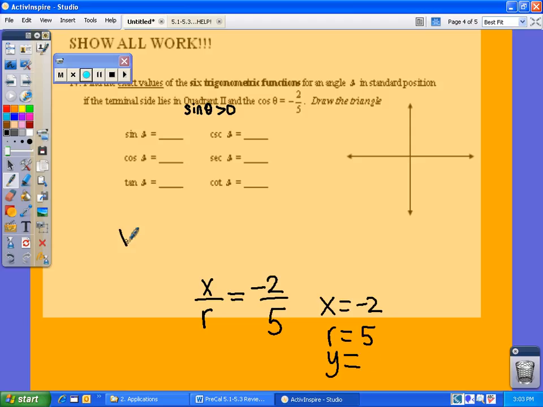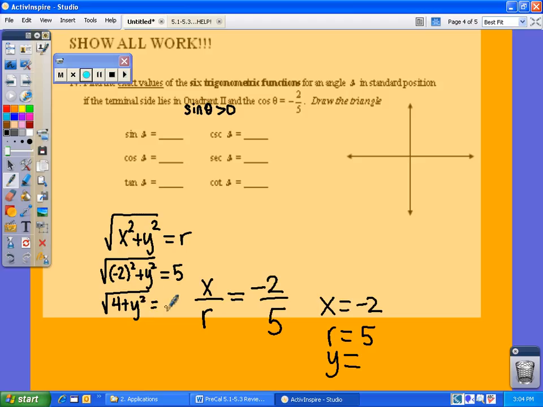So we use our circle formula, which is almost like Pythagorean theorem. So we have negative 2 squared plus y squared equals 5. 4 plus y squared equals 5.